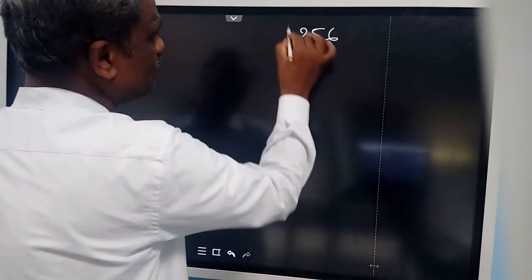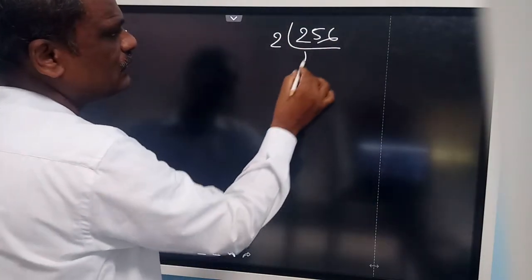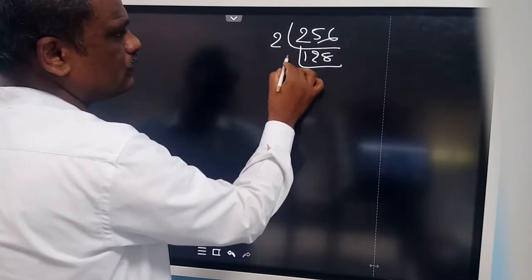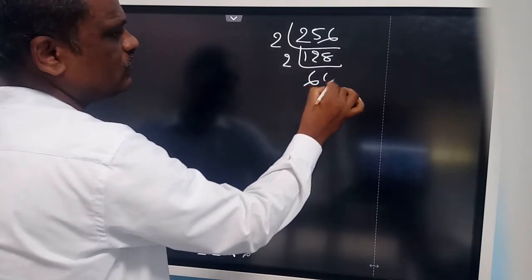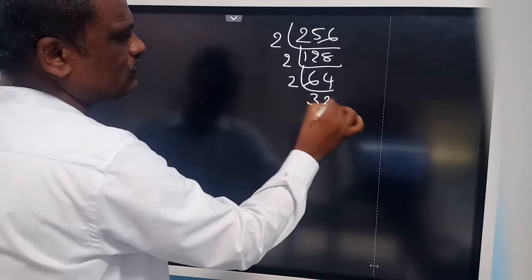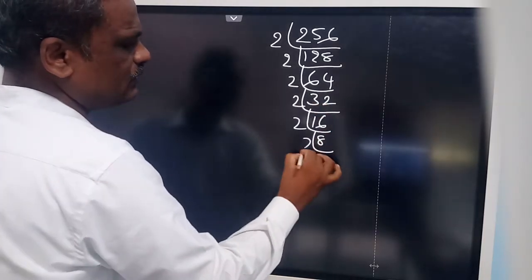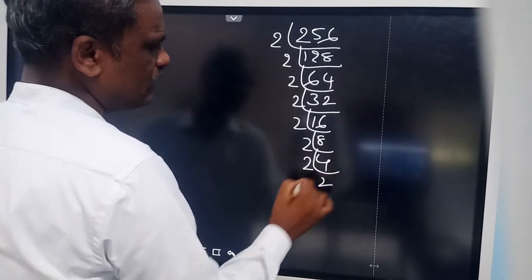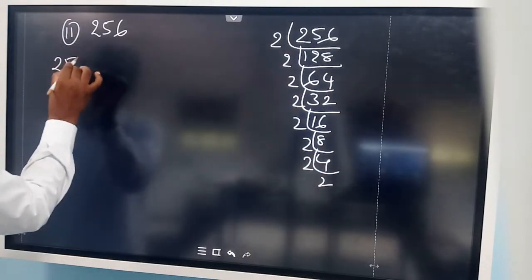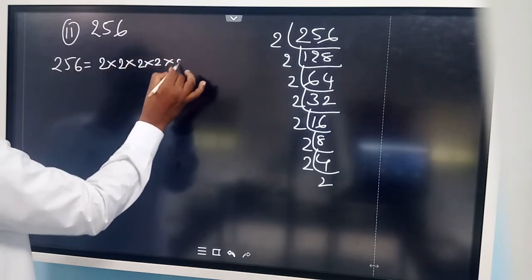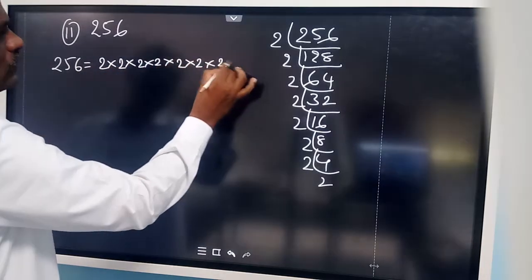Factorize 256 by the smallest prime number. 2 ones are 2, 2 twos are 4, 2 eights are 16, 2 sixes are 12, 2 fours are 8, 2 threes are 6, 2 twos are 4. Again 2 ones are 2, 2 sixes are 12, 2 eights are 16, 2 fours are 8, 2 twos are 4. So now 256 can be written as 2 into 2, 2 into 2, 2 into 2, again 2 into 2.